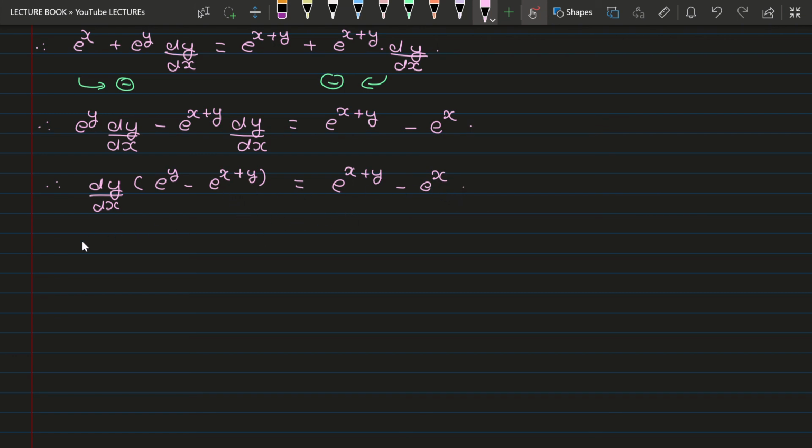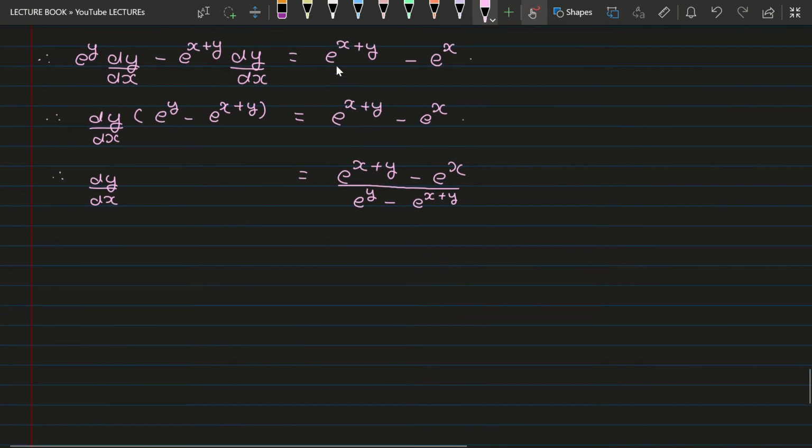Divide this on the opposite side. So e raised to x plus y minus e raised to x divided by e raised to y minus e raised to x plus y.